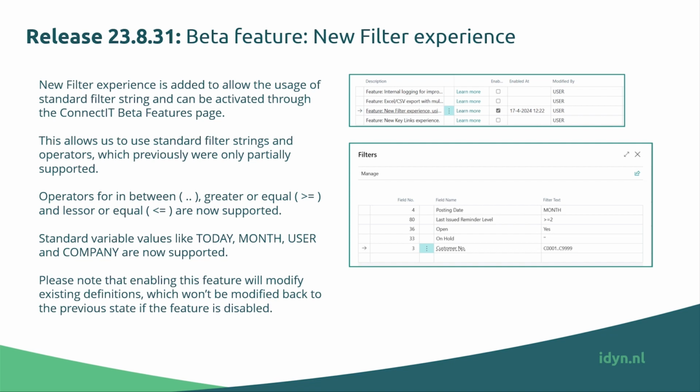And you can also see that we can filter on enter strings using the single quotes. Besides that, we also support standard variables like today, month, user, and company, and many more, which will translate to an actual value before setting the filter.